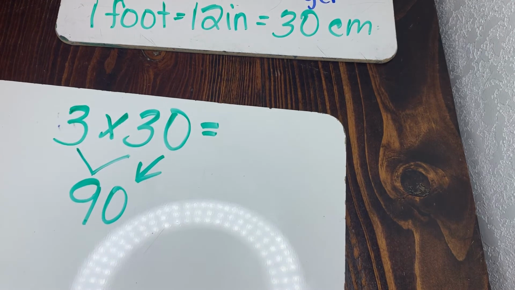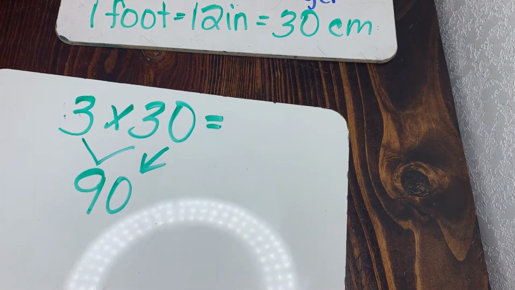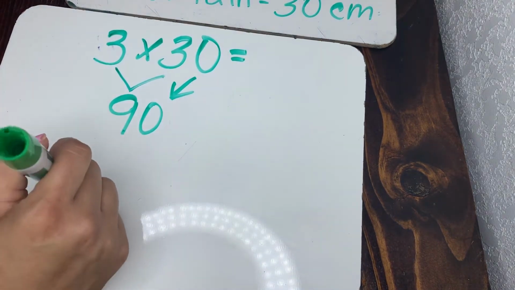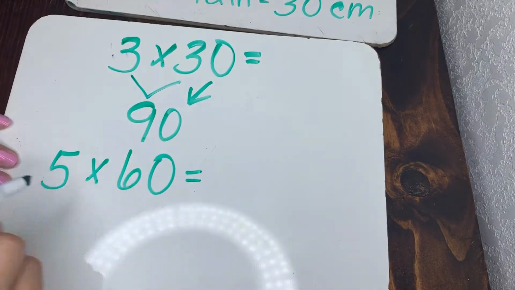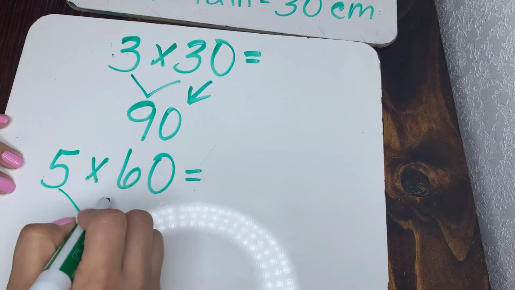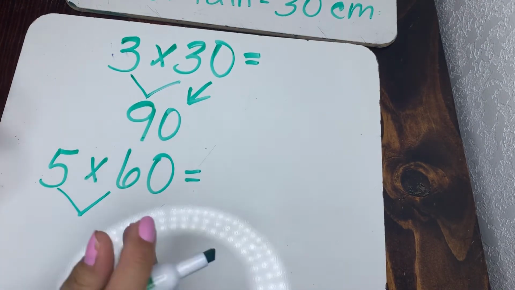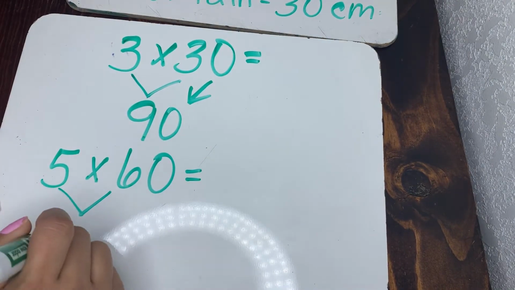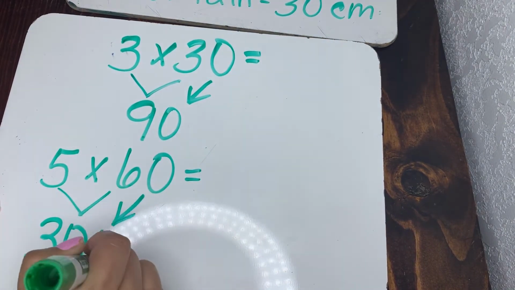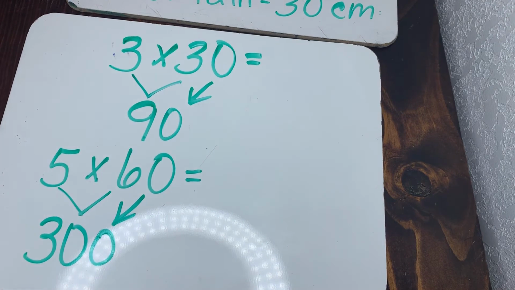So 3 times 30 is 90. The same thing, another example, 5 times 60. We would do 5 times 6: 5, 10, 15, 20, 25, and 30. And bring down your 0. 5 times 60 equals 300.